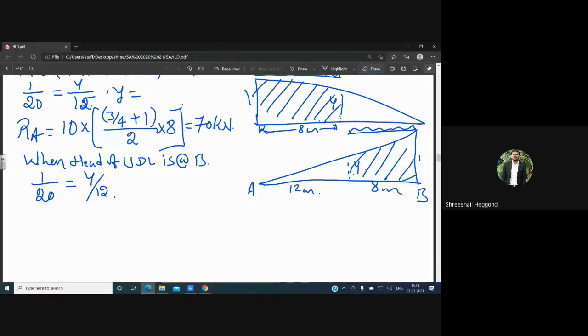Make a correction in this one. Nobody is applying their logic, I think. The remaining distance is 12 meters instead of 15. You need to write 12. Correct, and here's the answer, divided by 20.